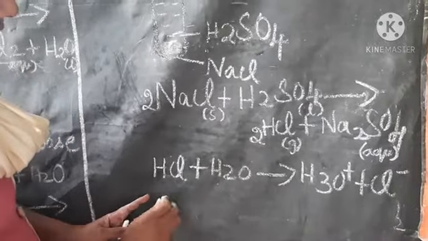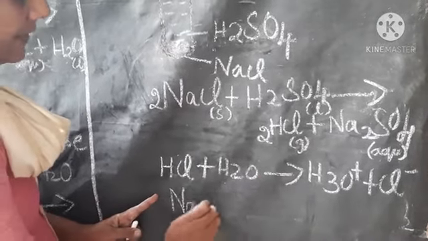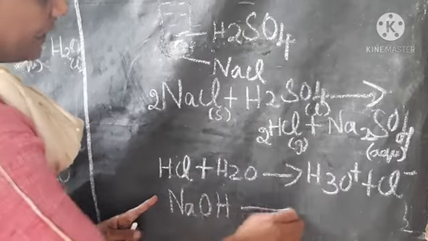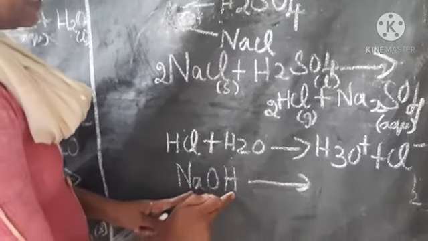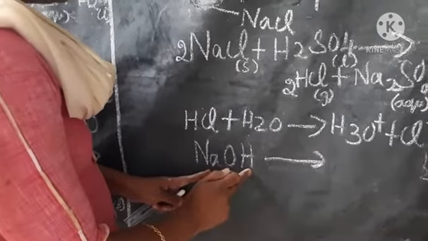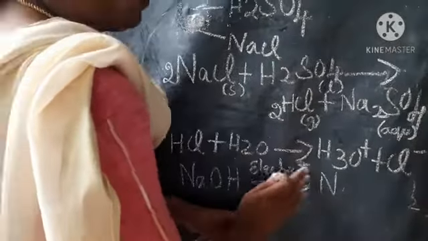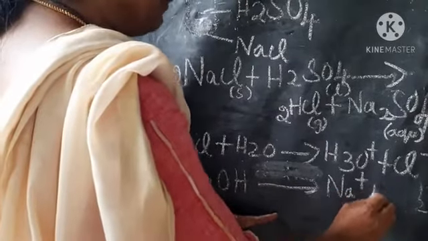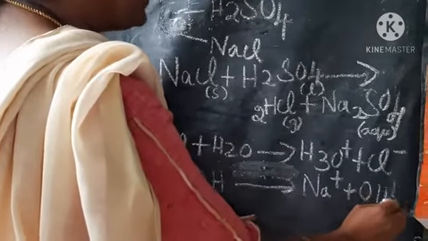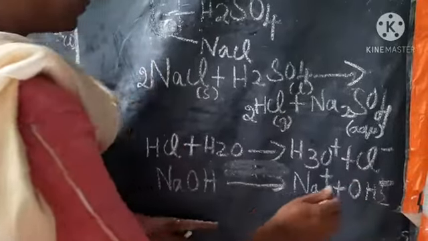Okay, what about in the case of the base? Base is NaOH. Am I right? One metal with OH means that is a base. What will happen when it is dissolved in water? It gives Na plus ion and OH minus ion.